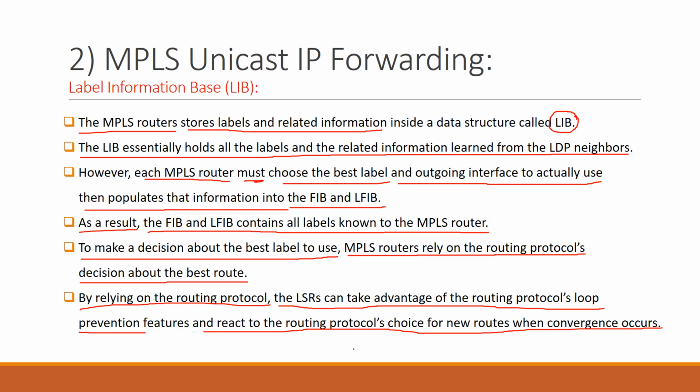So simply, LDP uses the LIB to store labels inside an MPLS router and relies on the routing protocol to choose the best label for a specific IP prefix, and uses features of the routing protocol such as loop prevention and convergence. When convergence occurs, it can converge to another label based on the route that will be chosen by the IGP.